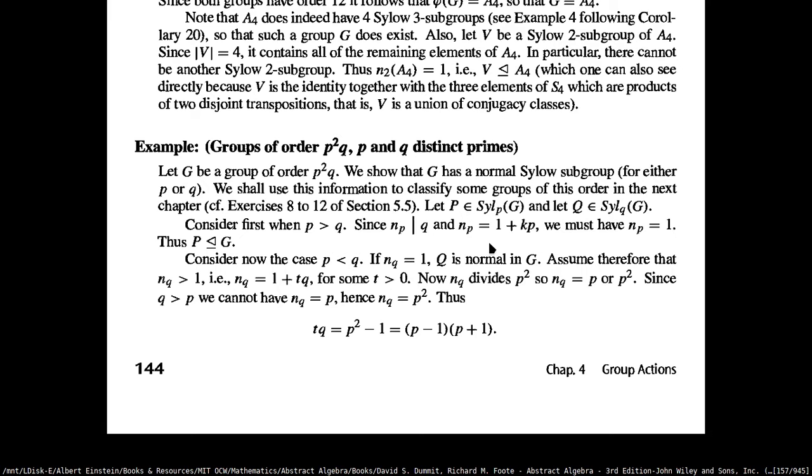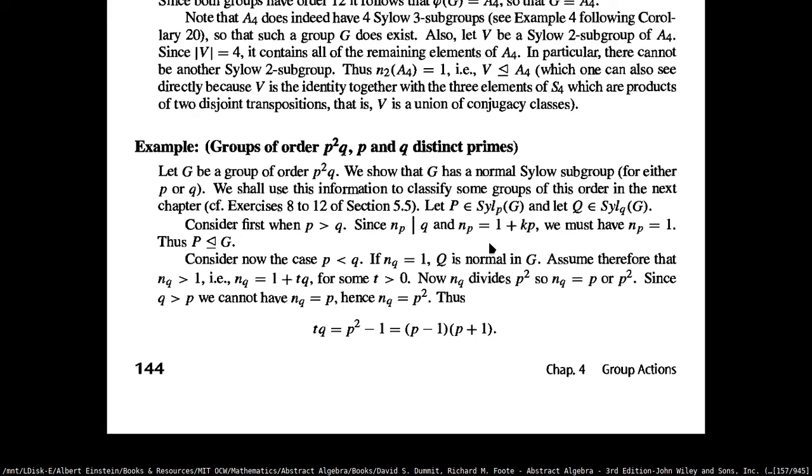Is N_P here like order of P? I think it's the number of Sylow P subgroups. Ah, okay, the set of Sylow P subgroups of G. Okay. I like this notation of Syl_P of G, a symbol for the set of Sylow subgroups.